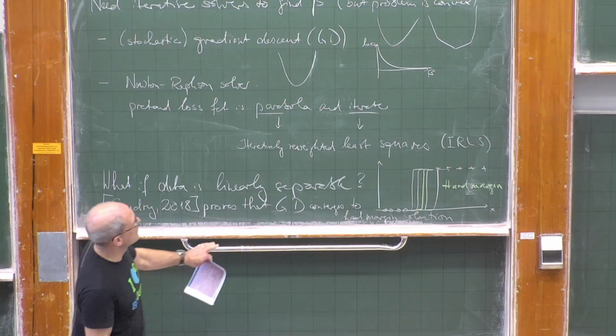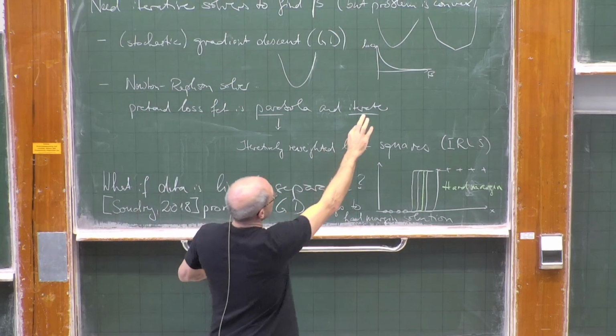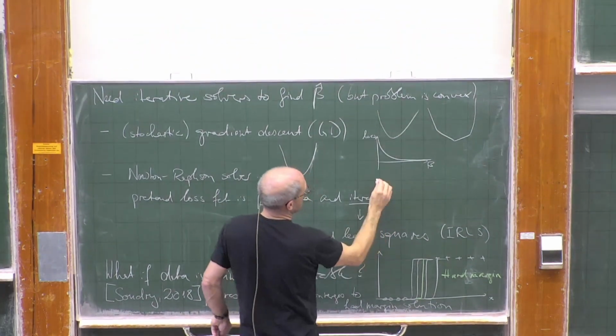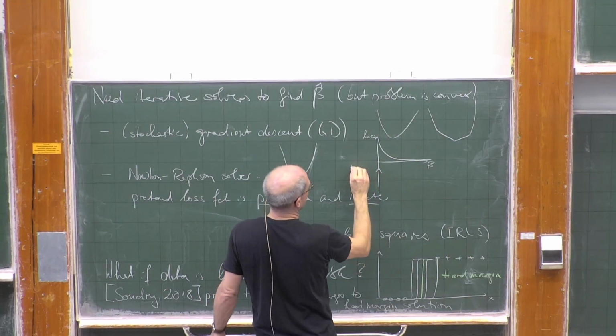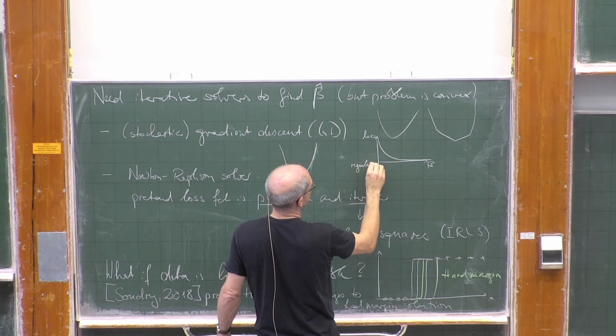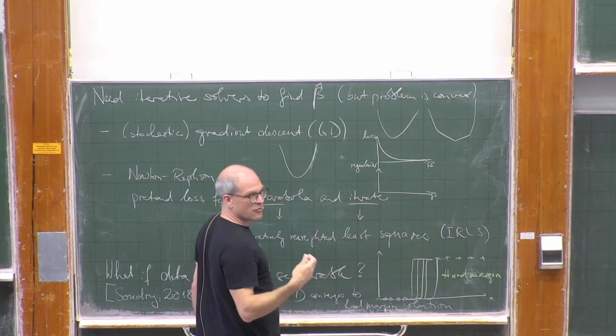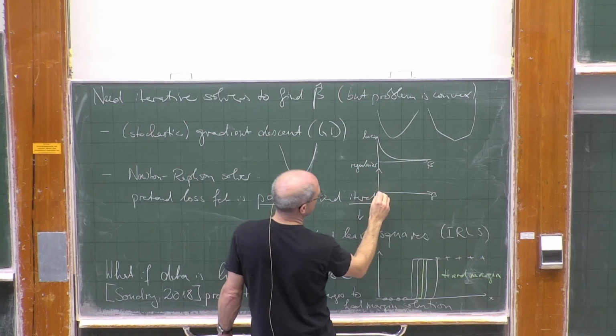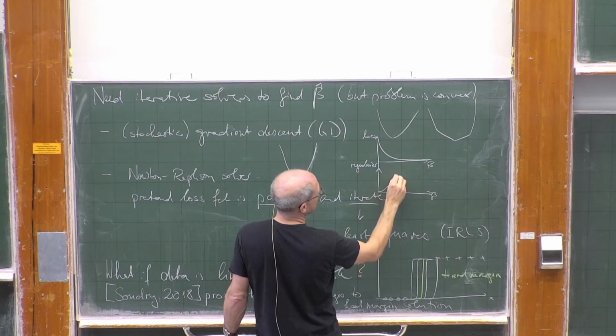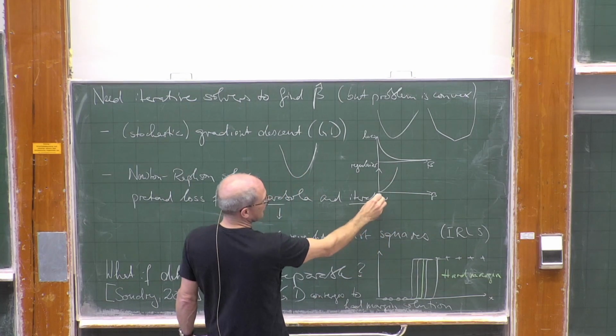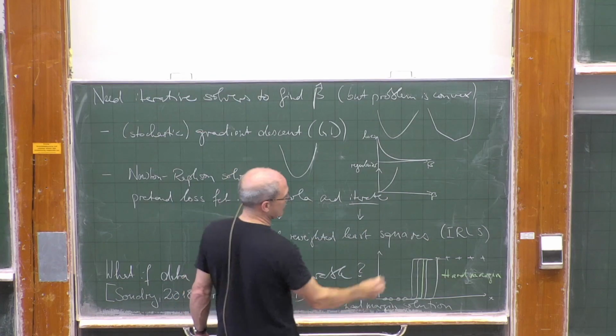So to say, this was my loss as a function of beta, but I now add a regularizer. For example, a ridge regularizer, which says that I have a parabolic penalty that grows as the norm of my vector beta grows.